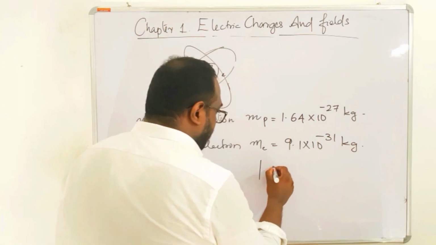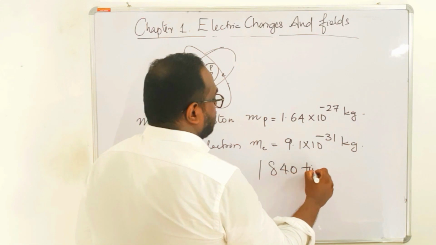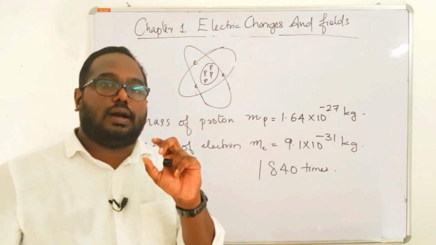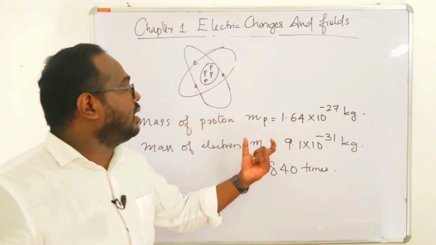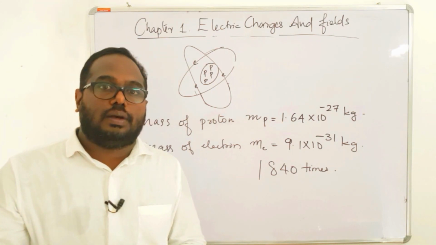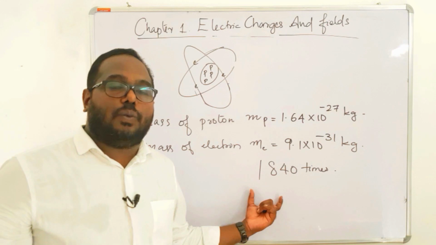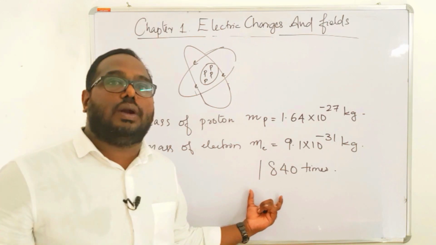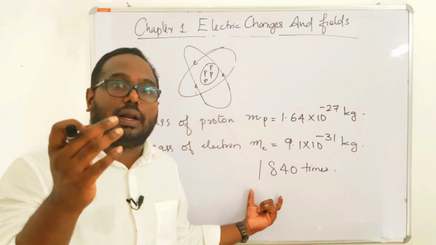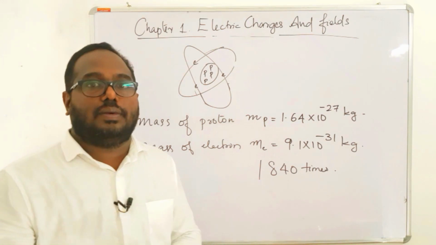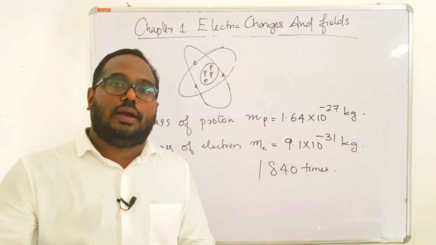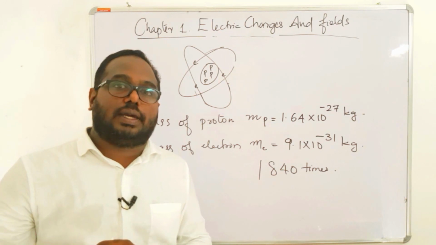The protons are approximately 1840 times heavier than the electron. So it is easy to transfer electrons from an atom. That is the reason the net charge of a body is determined by the amount of excess electrons or deficiency of electrons. Clear? This process of giving charge to a body is called electrification.